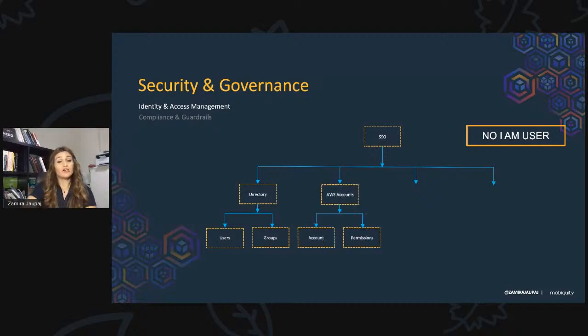Another capability of single sign-on is the list of AWS accounts. So you can have as many accounts as you want in the URL. That means you can also add the permissions of the people, the groups, or maybe the roles to that account. Let's say I have an operations guy, and this operations guy needs to have permission only in production, and probably in another account as well.